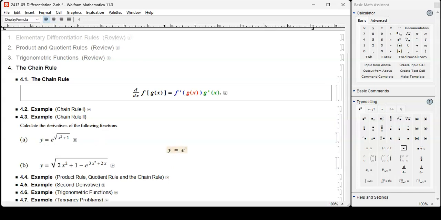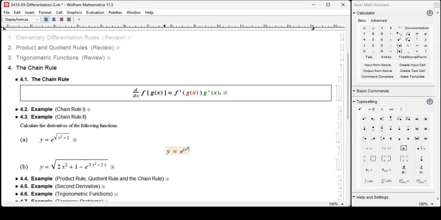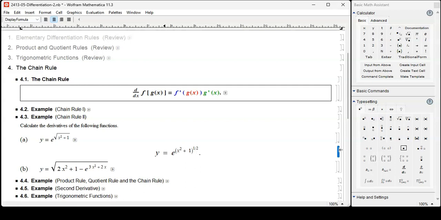Exponential of, we have square root of that, so x squared plus 1 to the 1/2 power. Okay, all right. What's the outermost function here? The outermost function is the exponential.